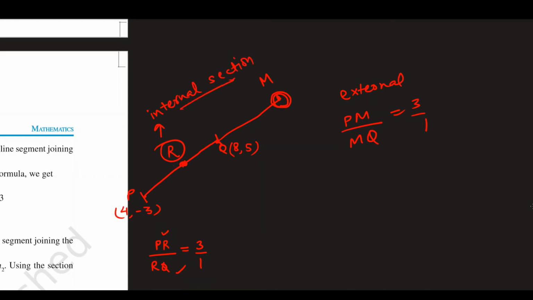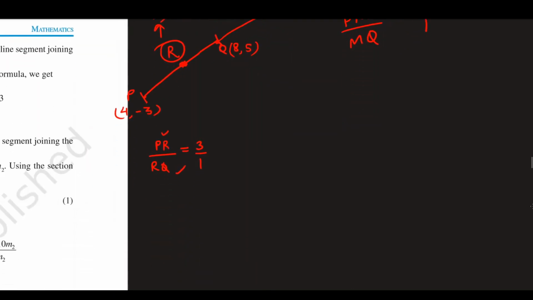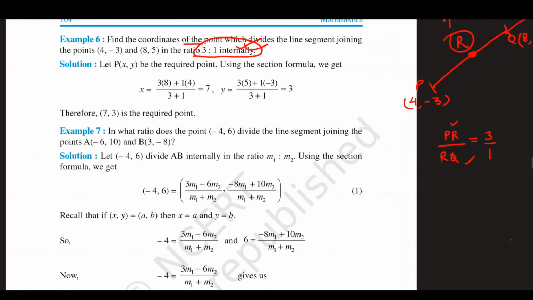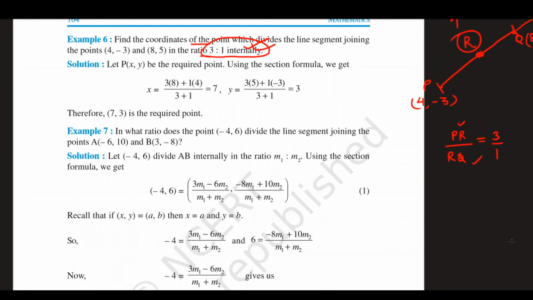The formula which we derived earlier is the internal section formula. Now just put in the values. What is x? m1 into x2 plus m2 into x1 upon m1 plus m2, and you will get the result.